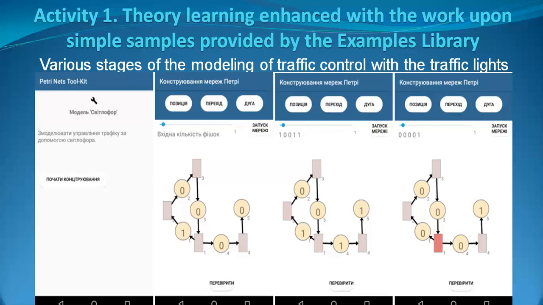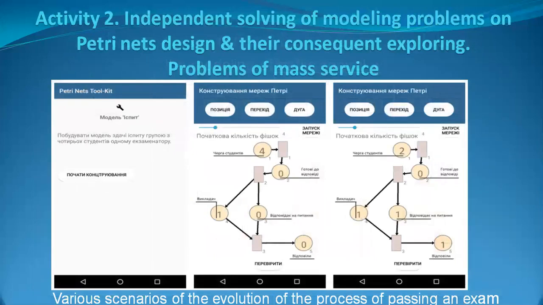At the next stage of learning activity, students can be offered to solve independently some simple modeling problems. In the context of training of students of various specialities, it is beneficial to learn how to model the process of mass service on the example of colloquium exam passing or some colloquial interview.